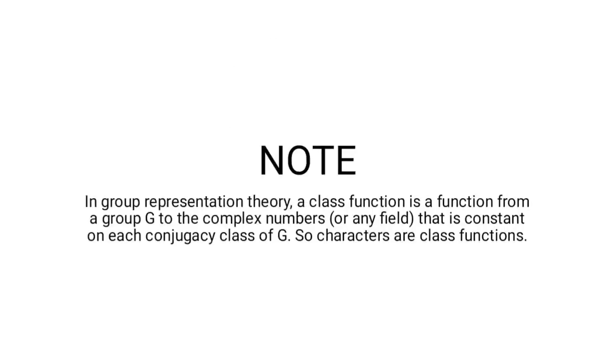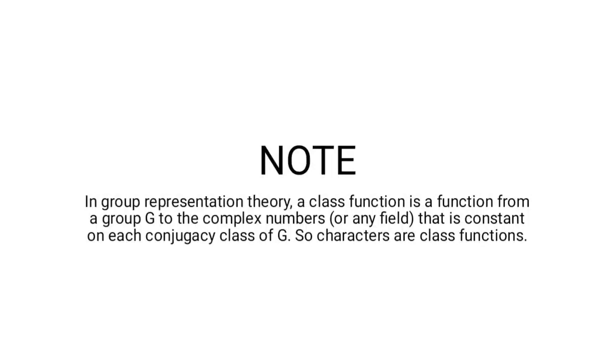We are still in group characters, but we're going to be considering a particular theorem, and we would need to recall a few things. But before then, let's note that in group representation theory, a class function is a function from a group G to any field. Particularly, we could talk about the complex numbers.